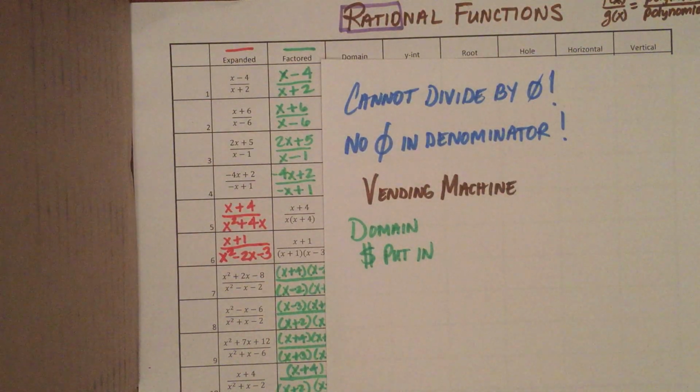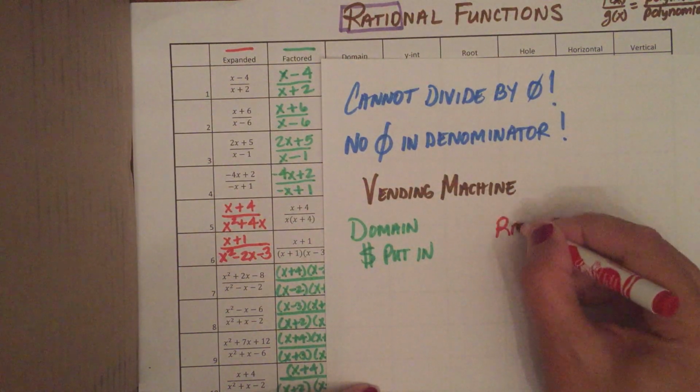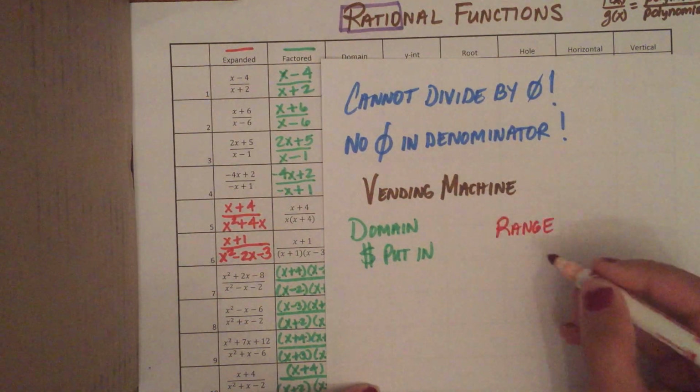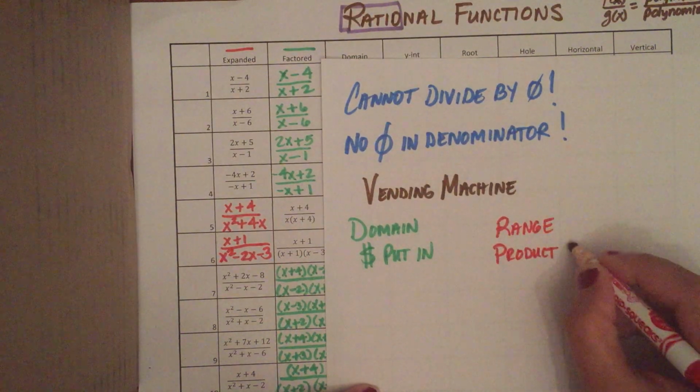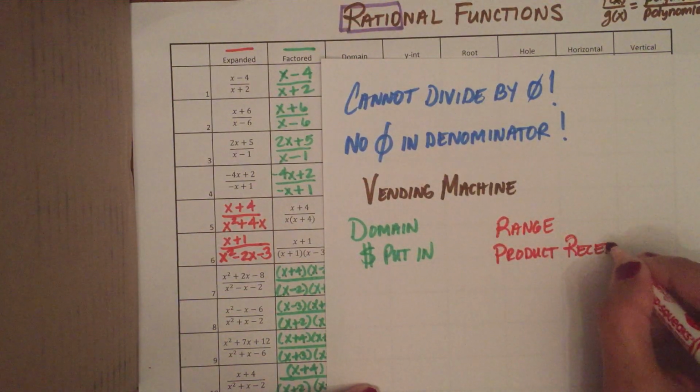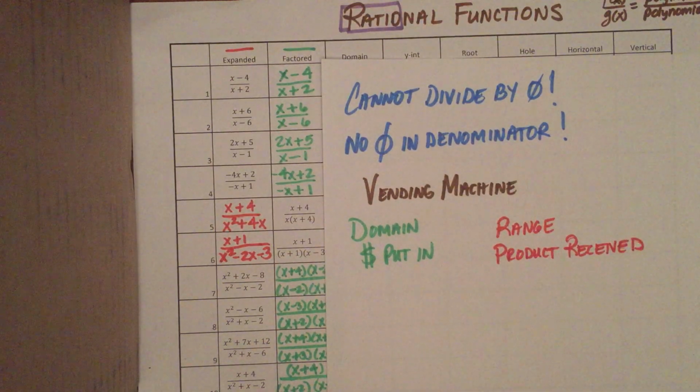What money can you put in there? The range for the vending machine is your output. That's the product you get, the product received or dispensed, however you want to say it.